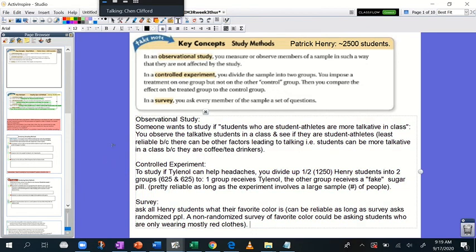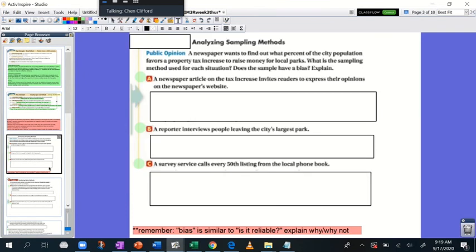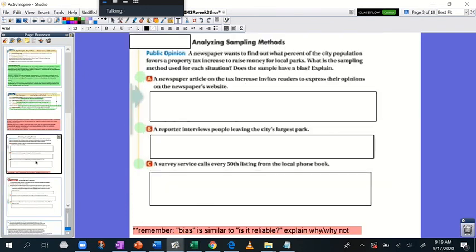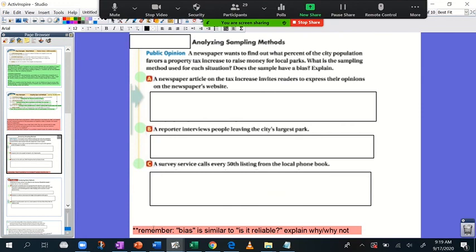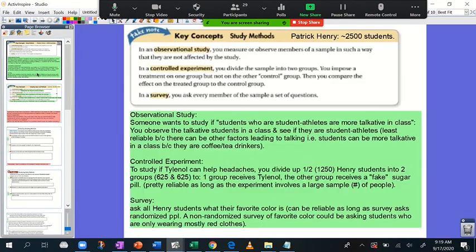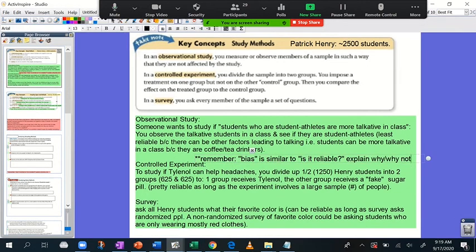So, long story short, let me sum it up. When it comes to all these studies, every single one of them, what you want is a large sample.